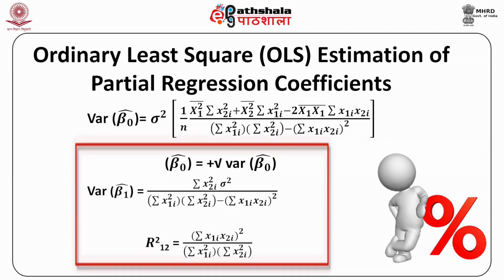Standard error of beta hat 0 is equal to plus root of variance of beta hat 0.